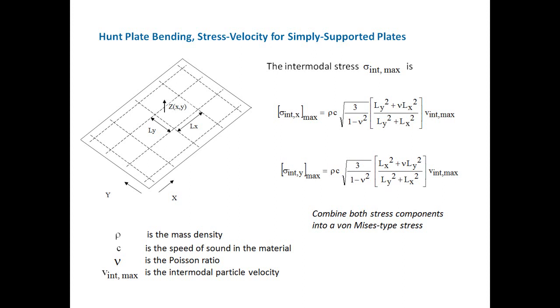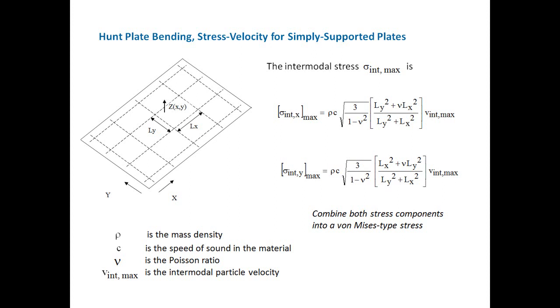One other thing I wanted to mention is in terms of these intermodal stresses, for a white noise base input, typically about 90% of the stress in a rectangular plate is going to be due to the response of the fundamental mode, which is the first mode.